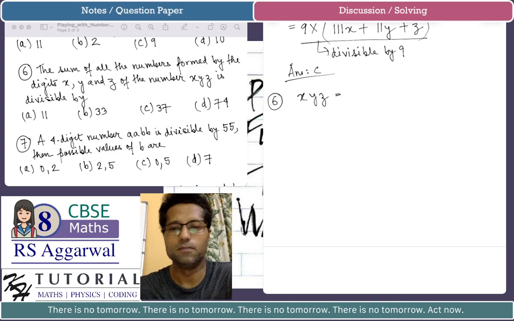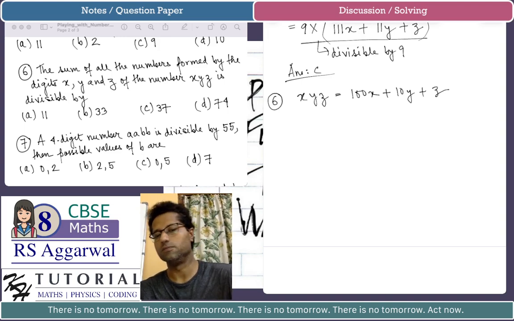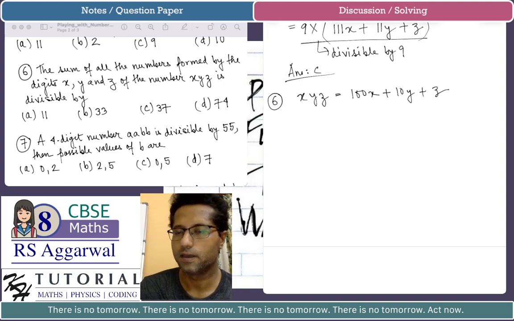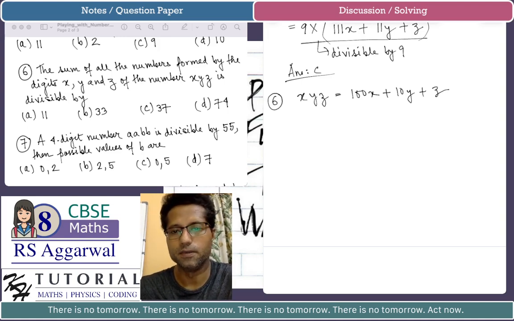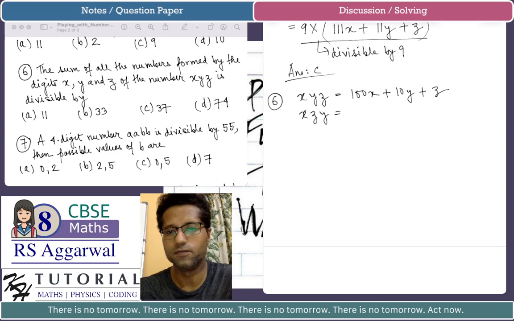This number in general form is 100x plus 10y plus z. For another number, we just have to change the positions of the digits to form all the numbers. For the second number, we can interchange the positions of y and z. So we have xzy, and the general form is 100x plus 10z plus y.